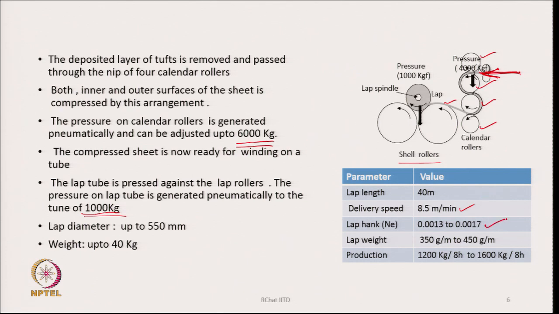The lap weight per meter could be 350 to 450 gram per meter, that can be adjusted, and the production rate typically can vary from 1200 kg per 8 hour to 1600 kg per 8 hour. This is a typical productivity, or it could be a little bit more also. So, this is how the lap is formed.